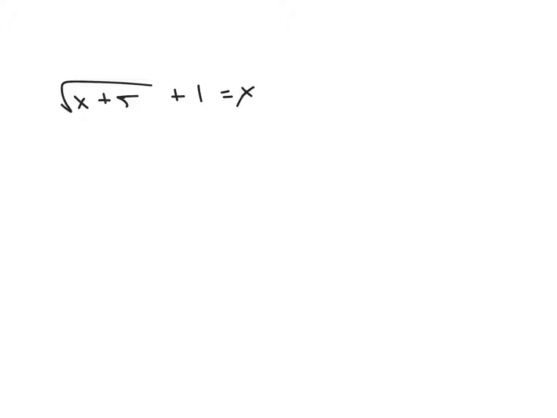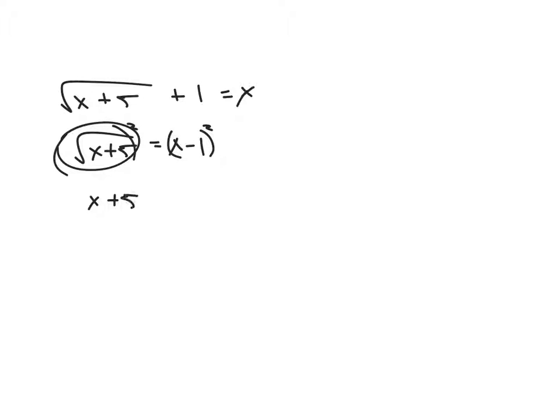So the first step is isolate the radical. Okay, so it's isolated, because then we can square both sides and it gets rid of all of that junk, and we just have an x plus 5. Now over here is where it gets a little bit complicated, because we don't just get rid of stuff, we make it a little bit more complicated.